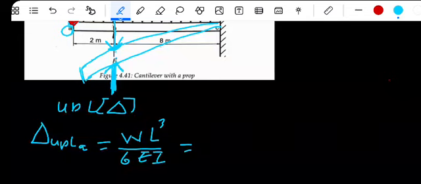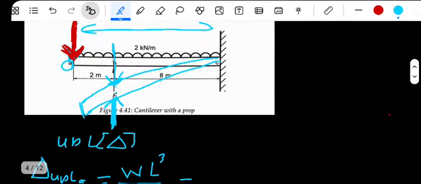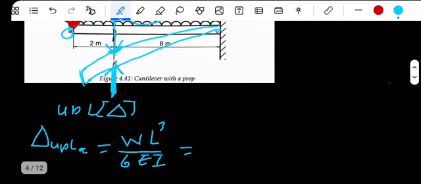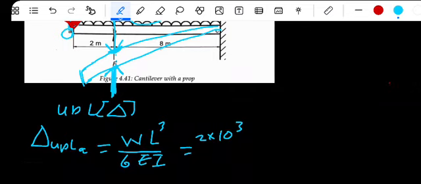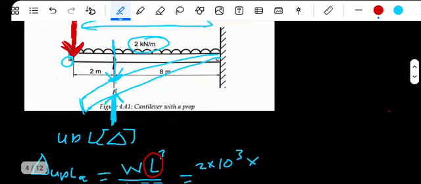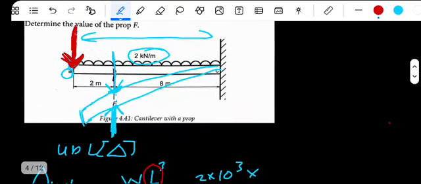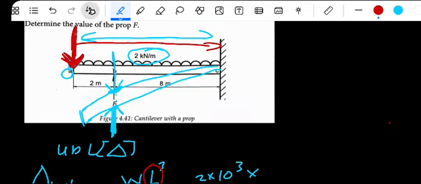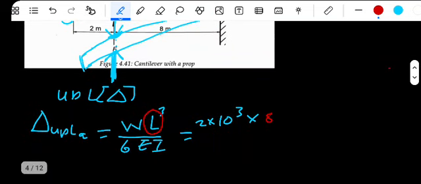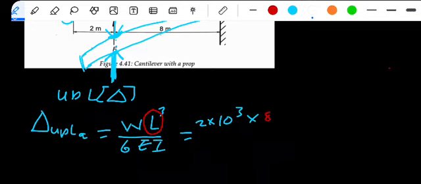W is 2 kilonewton, which is 2 times 10 to the power of 3. The length is from the end, because this distributed load is spread throughout the cantilever, so it will be 8. That 8 is raised to the power of 3.